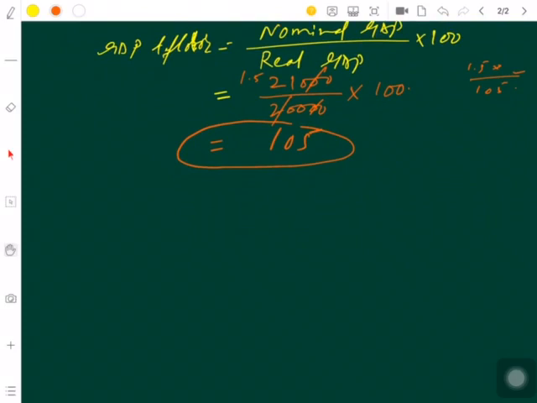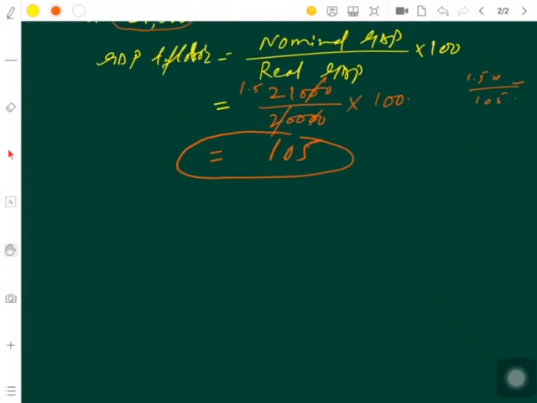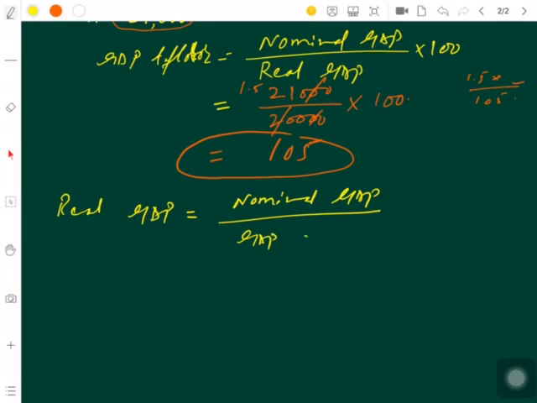So how could we do this? Let us continue the above example. Real GDP is equal to nominal GDP divided by GDP deflator, multiplied by 100.